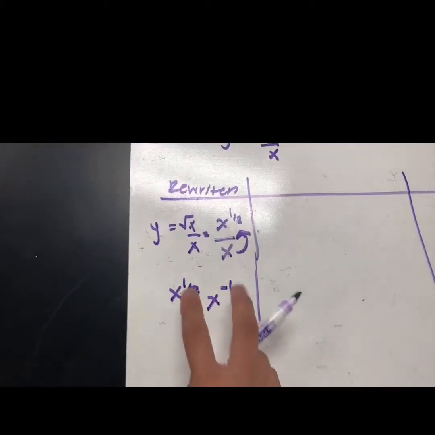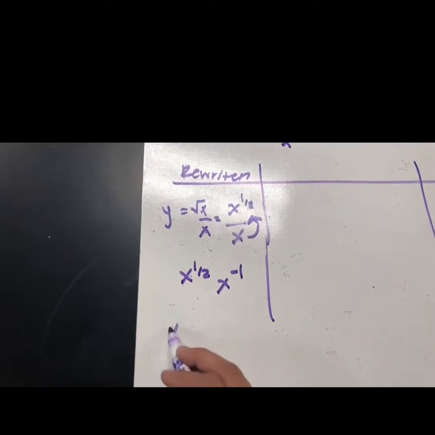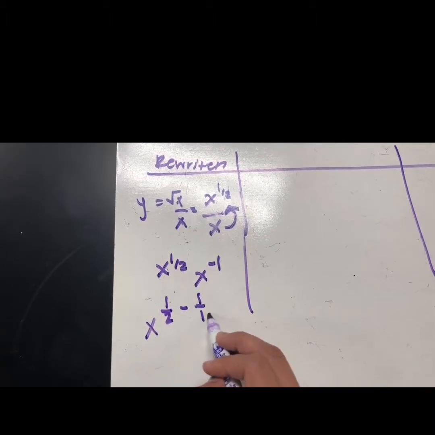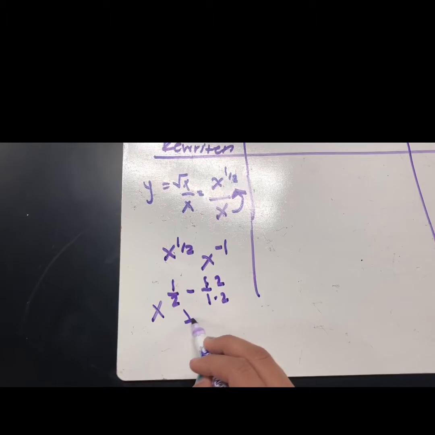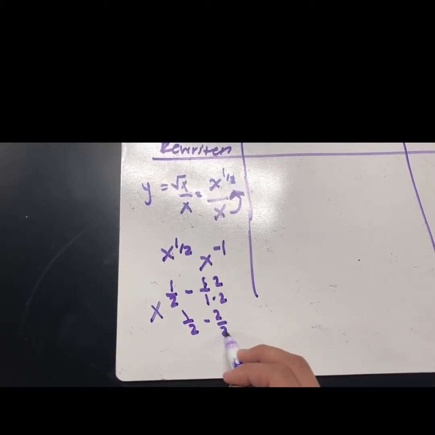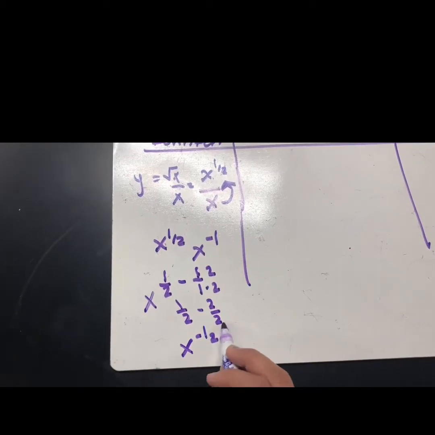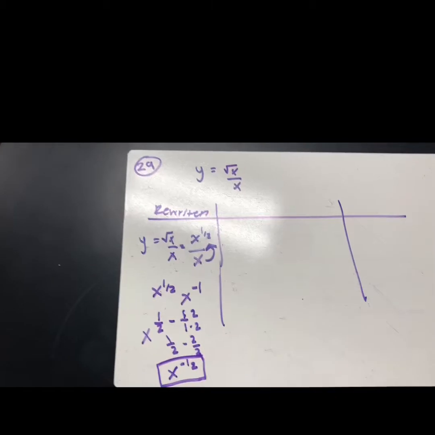And now we can combine this by adding the exponents, 1 over 2 minus 1. So that would become x to the negative 1/2. This would be our rewritten part of the chart.